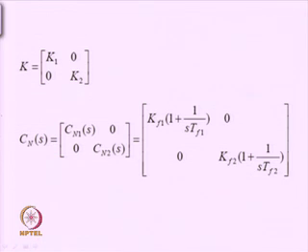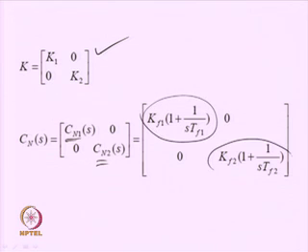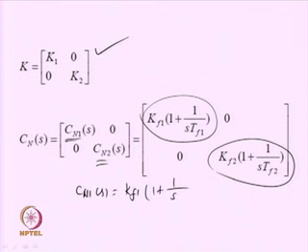Similarly, please allow me to write the gains in matrix form, diagonal form, given as K is equal to diag(K1, K2), and the controllers CN1 and CN2 are described by two PI controllers of the form CN1 is equal to Kf1 times (1 plus 1 upon S Tf1) and CN2 is equal to Kf2 times (1 plus 1 upon S Tf2).